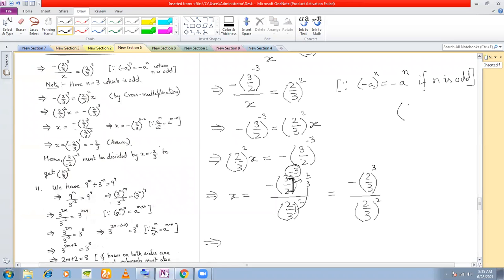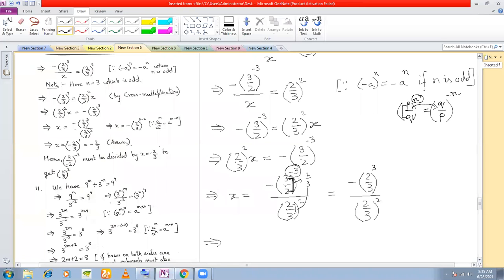If you remember, there was a rule I told you. If you have (p/q)^n, then if I want to make this from p by q to q by p, I need to change the sign of the power. Remember this rule? Yes, sir.